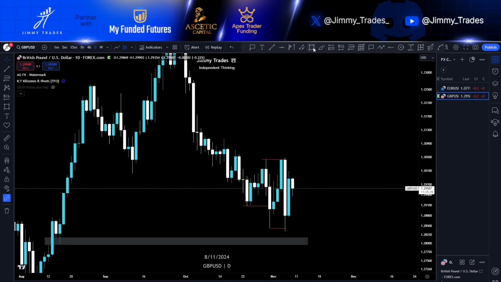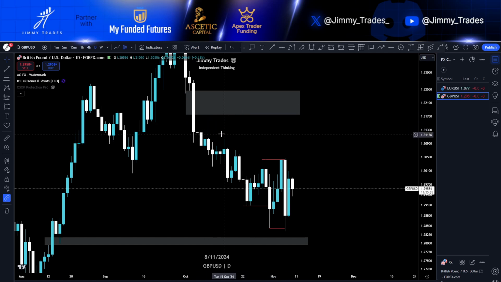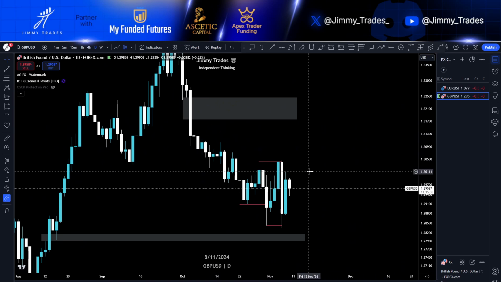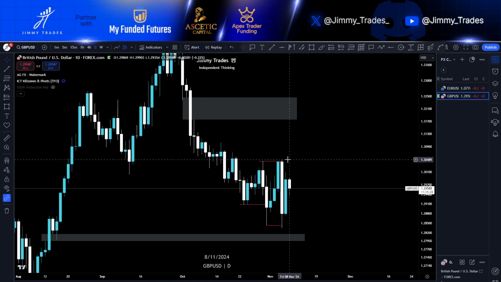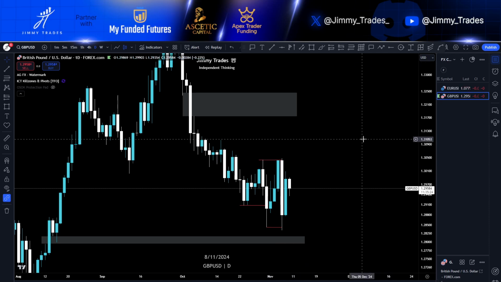Our next internal level is all the way up here. We have a ton of low resistance liquidity through here as well. But we'll be looking for this high as our first point of interest. So remaining bullish for GBP.